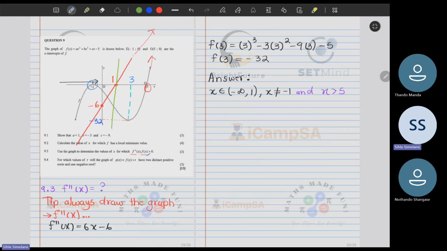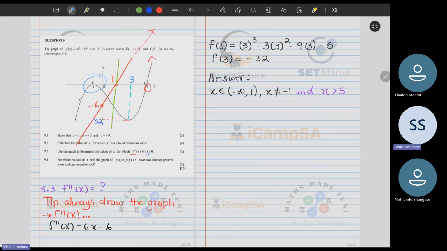And at -1, we get one of the graphs being equal to 0. You understand that? Look here at point E. You understand? Yes, sir.